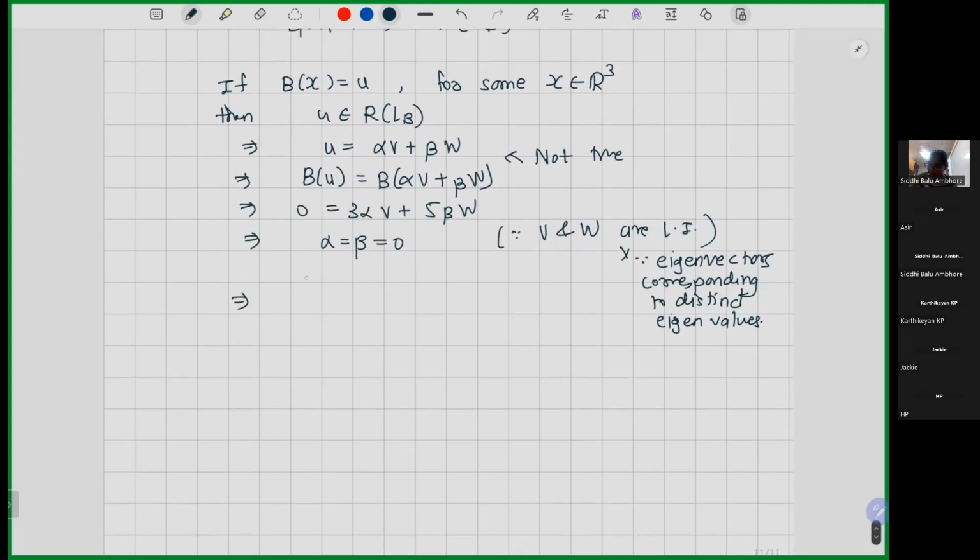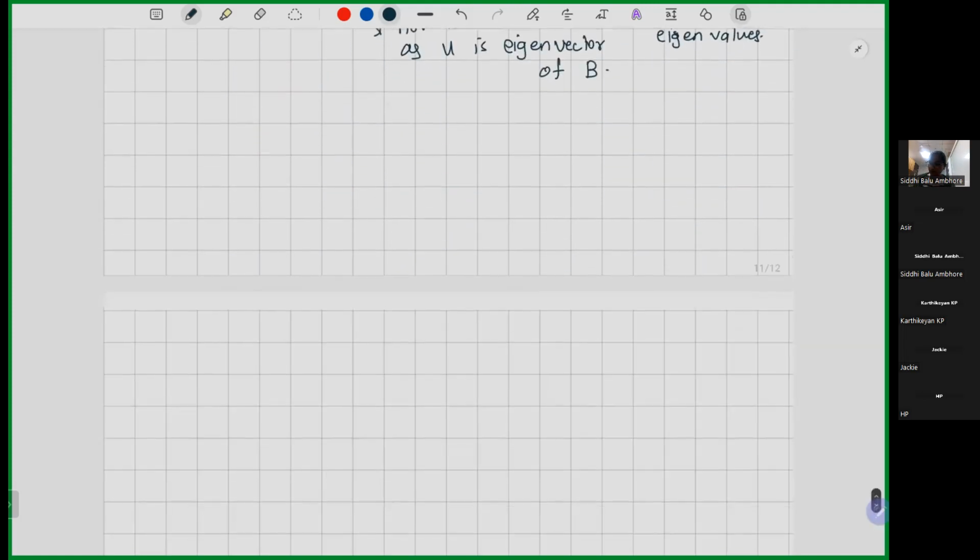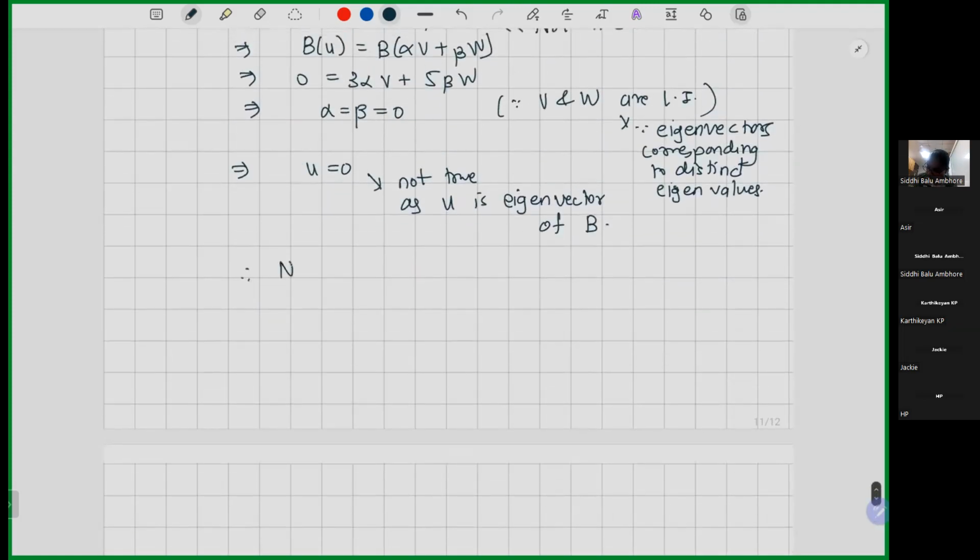So this implies that U is 0, which is not true, as U is an eigenvector of B. Therefore, no such x exists. So Bx is equal to U does not hold.